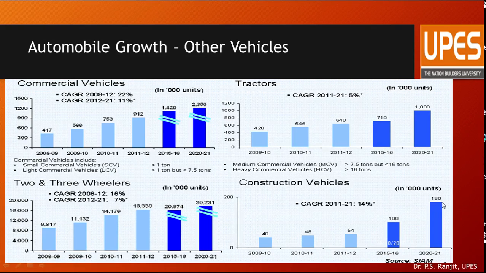For construction vehicles, 180,000 units are required. This is the information given by SIAM.